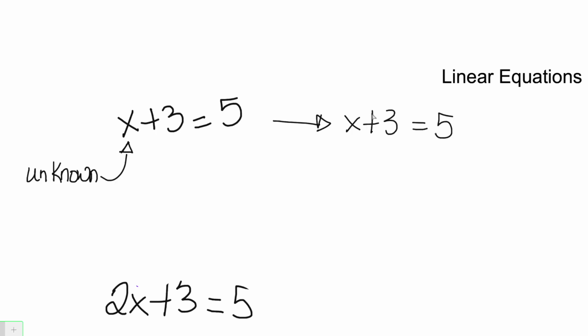So since it's constantly positive 3 or adding 3, positive and adding is the same thing, guys, okay? So if I'm adding 3, what should I do to get rid of it? Subtract it. The opposite of addition is subtraction. The opposite of positive is negative. And algebra is basically about balancing.